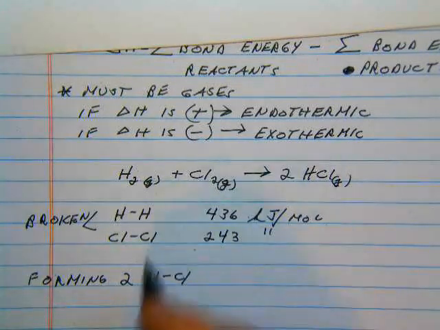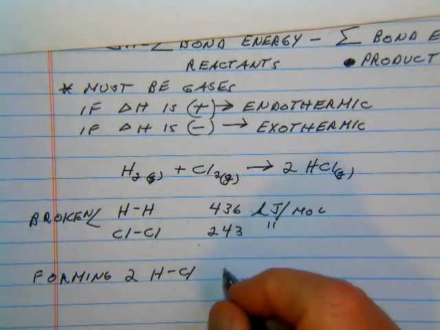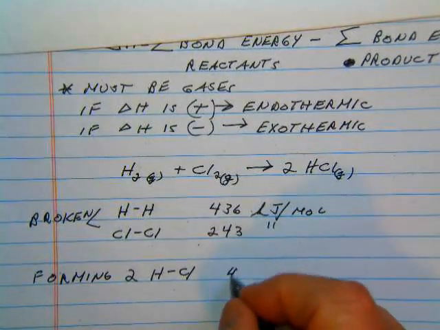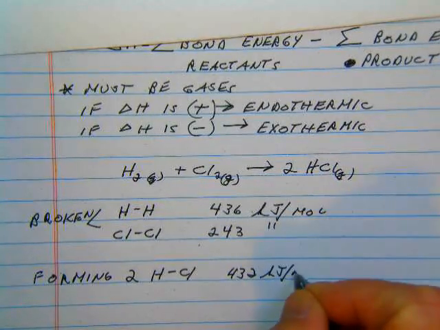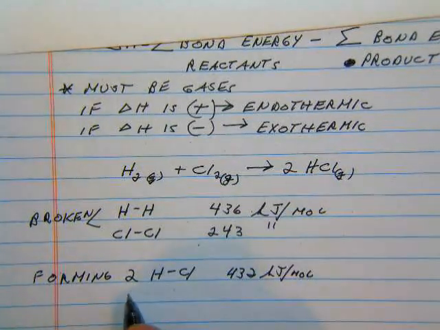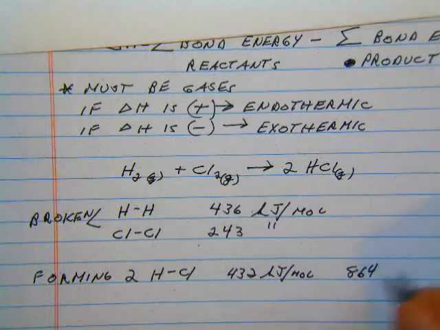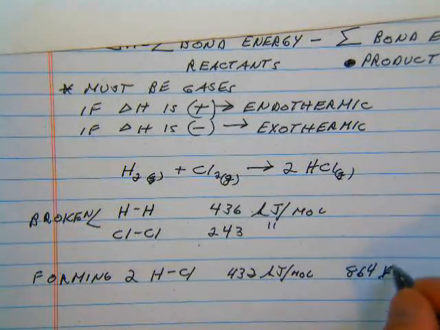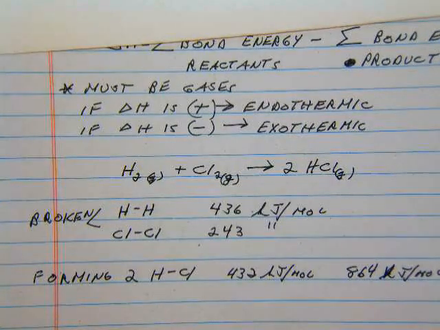And then for the forming, we have HCl, which is 432 kilojoules per mole, but we have 2 of those, so we multiply that by 2, which gives us 864 kilojoules per mole.